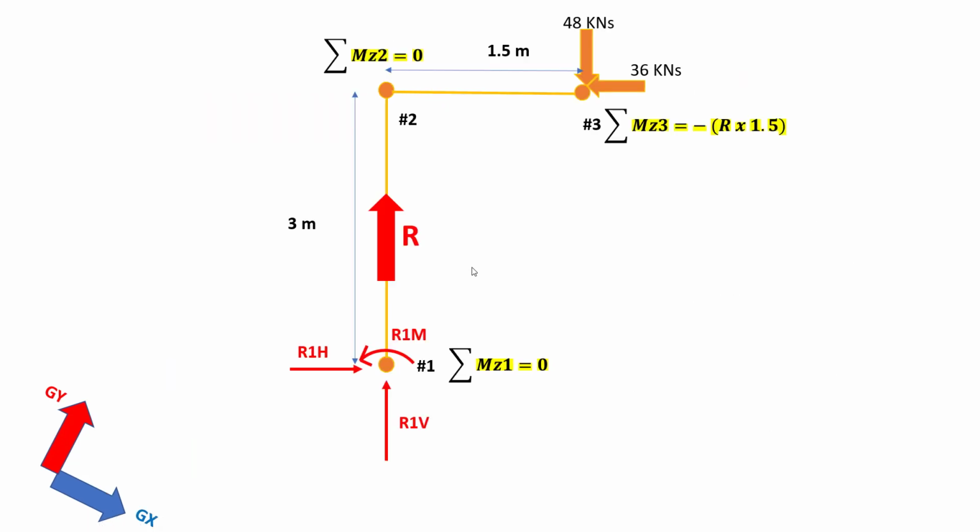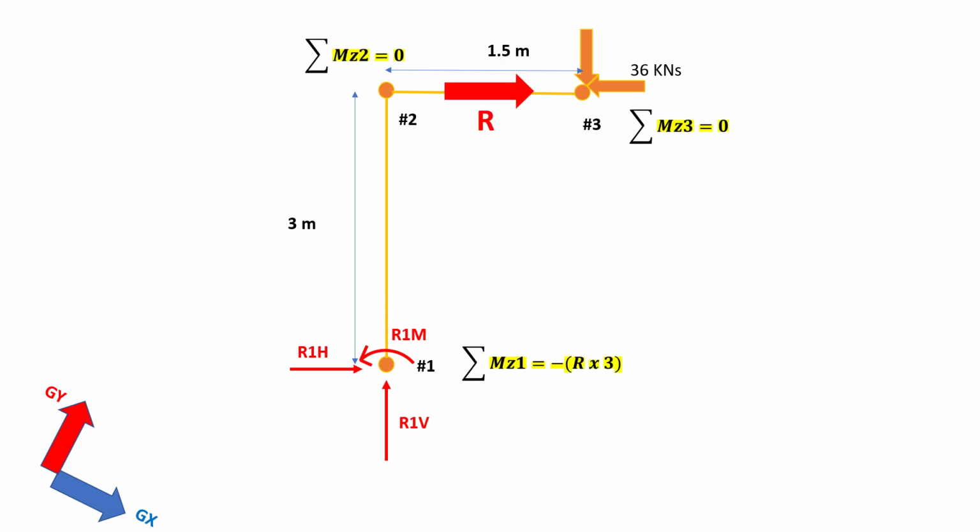Now, in this case, when would summation of Mz1 be equal to 0? Only if there is a reaction force that passes through node 1 and node 2. In that case, summation of Mz2 would also be 0. However, we would see that the moment about node number 3 won't be 0 because the resultant of all the forces and reactions would be acting at a distance from node 3, and hence the moment would be non-zero.